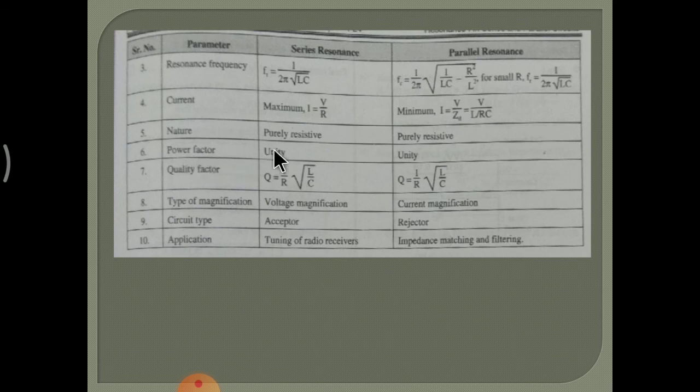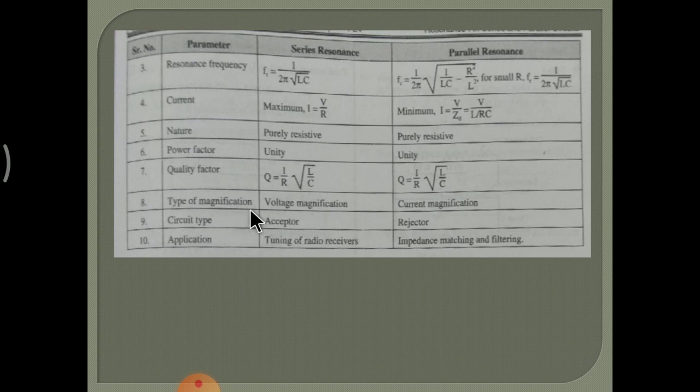Power factor is unity in both. Quality factor Q is 1 upon R under root L upon C in series resonance, and in parallel resonance also Q is equal to 1 upon R under root L upon C.